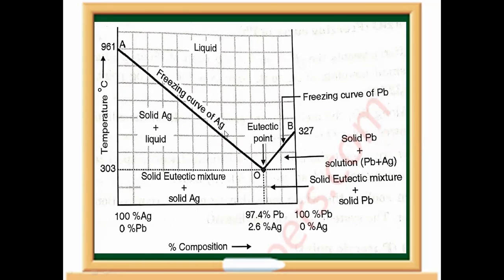freezing curve of silver. Along the freezing curve of silver, there existed solid silver and saturated solution of lead and silver. Similarly, along the freezing curve of lead, there is solid lead and saturated solution of lead and silver.